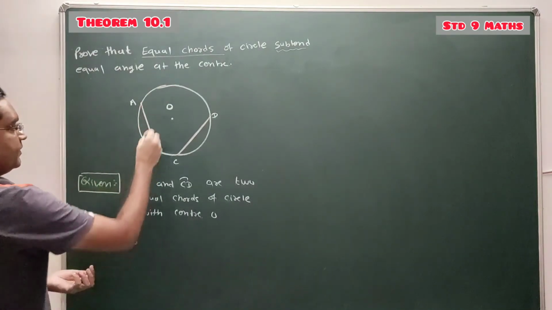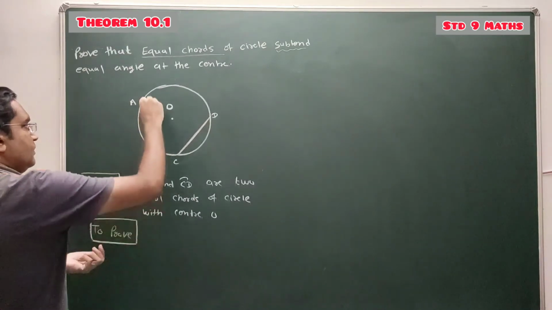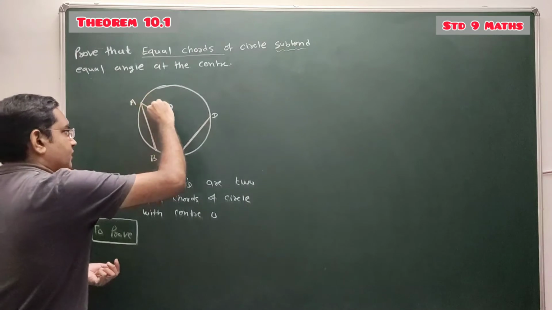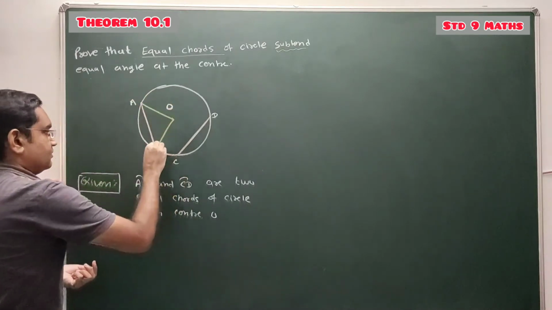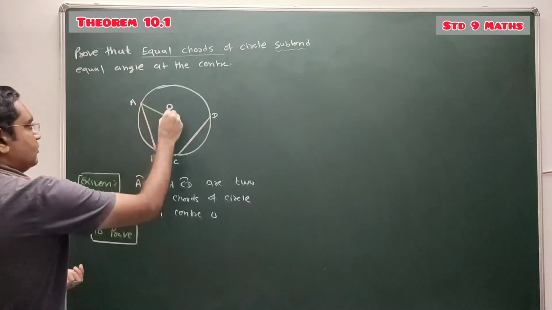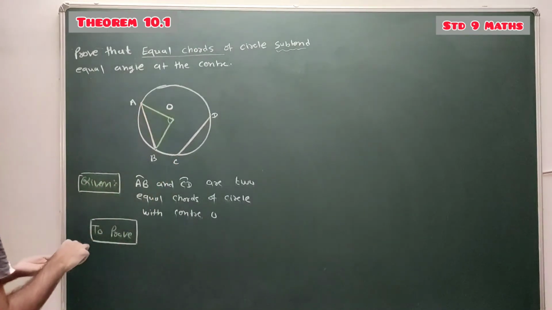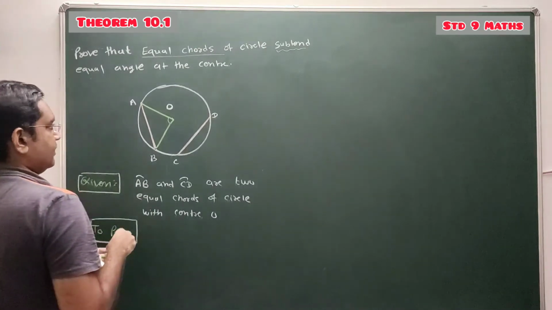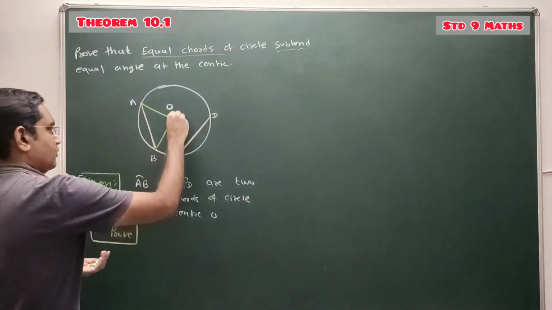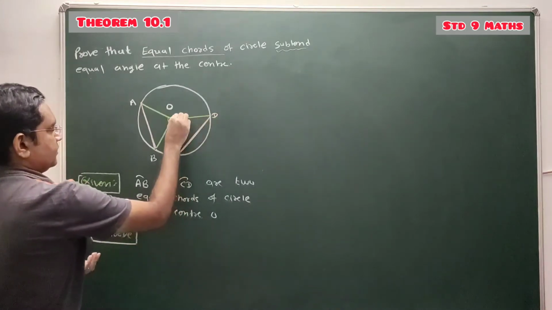So the angle subtended by this chord AB at center O, that means chord AB forms an angle at center O. That angle is AOB. The angle subtended by this chord AB is angle AOB, and the angle subtended by this chord CD at center O is angle COD. So these are the angles subtended by these two chords at the center.